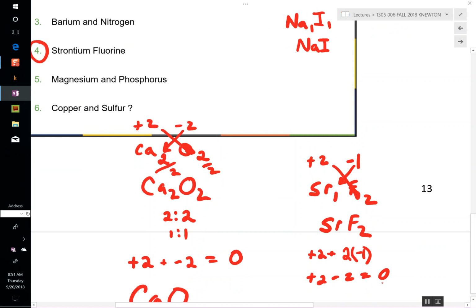So that formula has the same quantity of positive and negative charges in it. When the ions come together in that ratio, 1 plus 2 ion with 2 negative 1 ions.